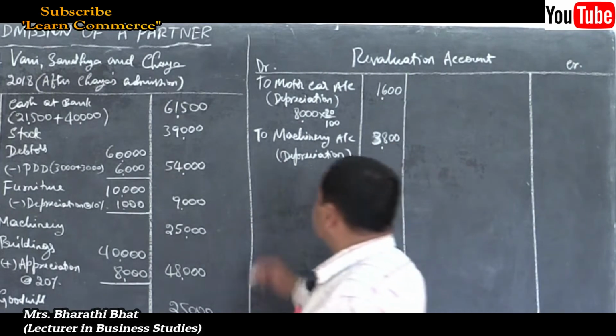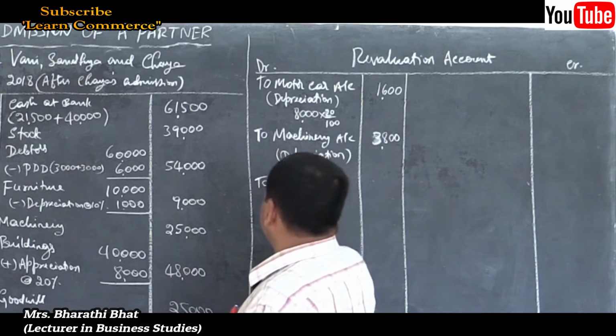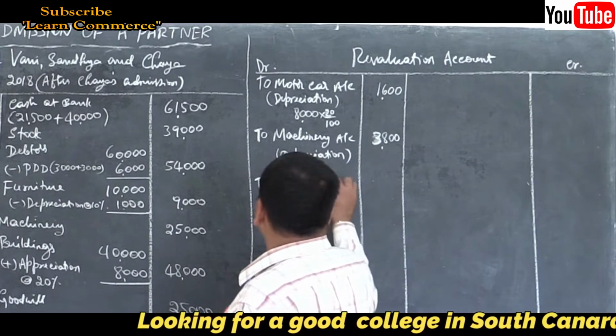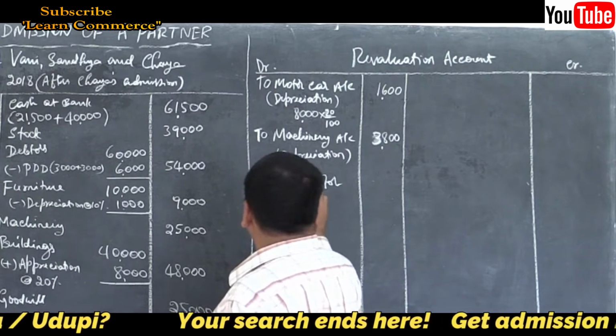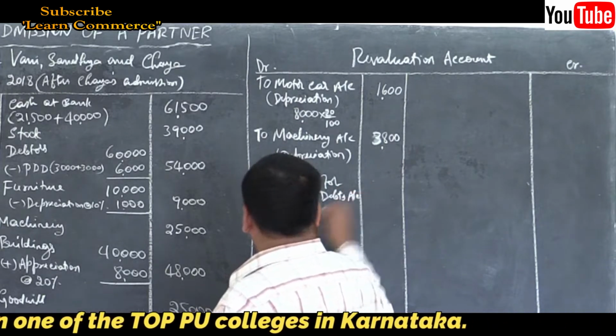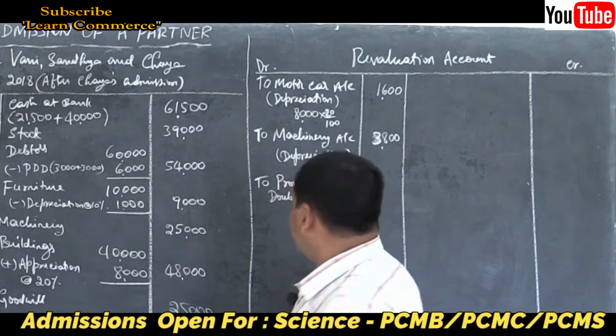Then provision for doubtful debts to be kept at 10% on debtors. So, to provision for doubtful debts account. How much? 10% on debtors.